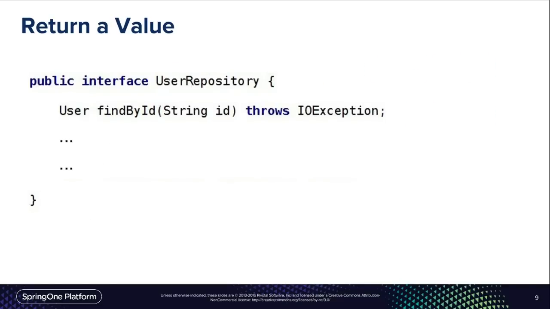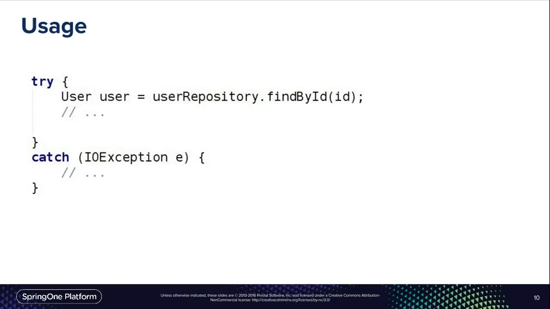So let's start with a very simple task. Let's take a user repository the way it might be written today, and see how we can change that to become asynchronous and non-blocking, if we accept that we want to become non-blocking. How do we do that? So the first idea might be this, and this is the usage of that repository. This is what we mean by imperative style logic.